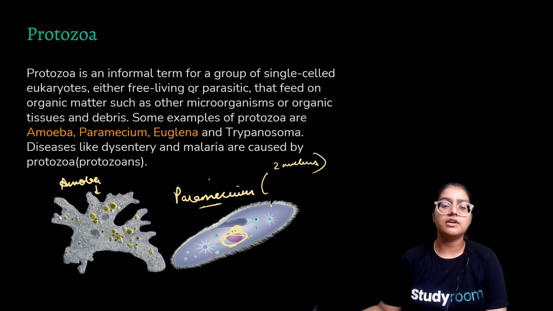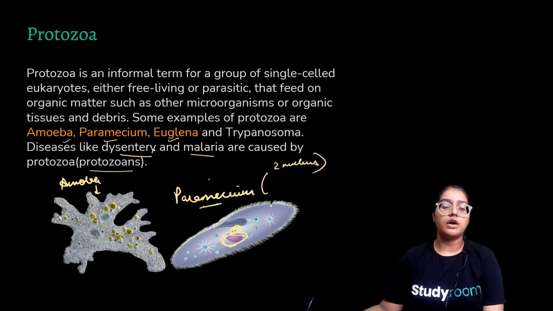It can be free living or parasitic, and it feeds on tissue debris. Some of the examples are amoeba, paramecium and Euglena. So amoeba is here, it's also a single cell structure, and trypanosoma. The diseases which protozoa cause are dysentery and malaria.